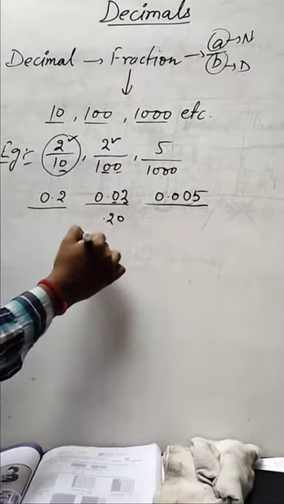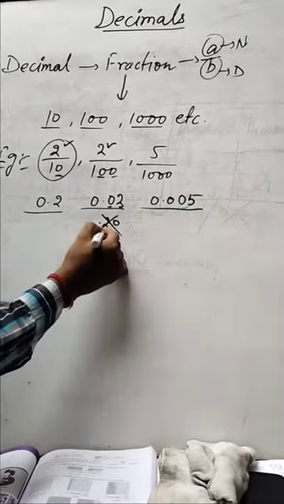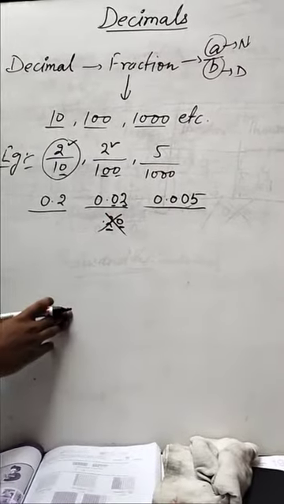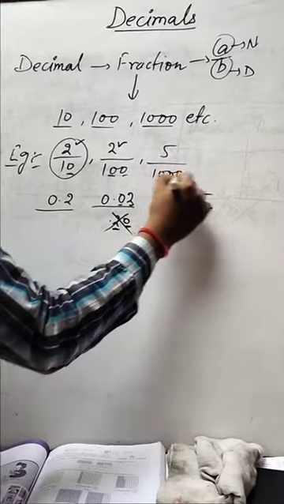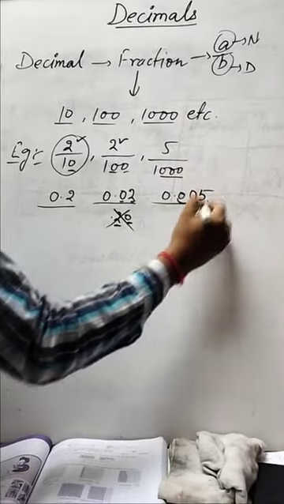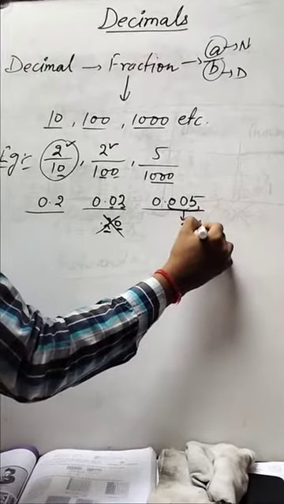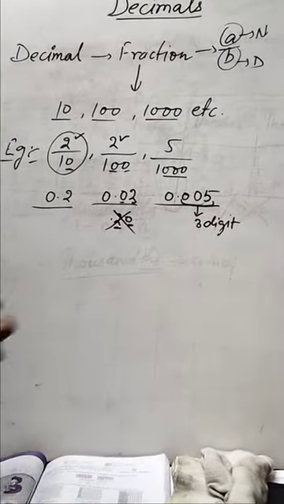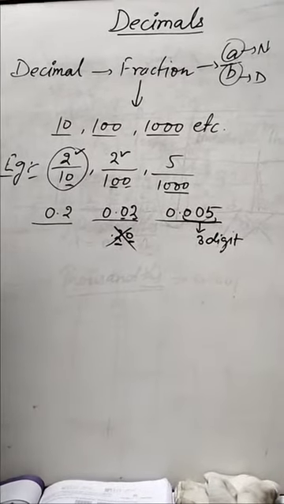If you write in this way, that will be wrong, because after the digit this 0 is not having any value. So this also, the number of zeros is 3, so you will make this number a 3-digit number. Okay, so after decimal, the number of zeros and the number of digits should be equal.